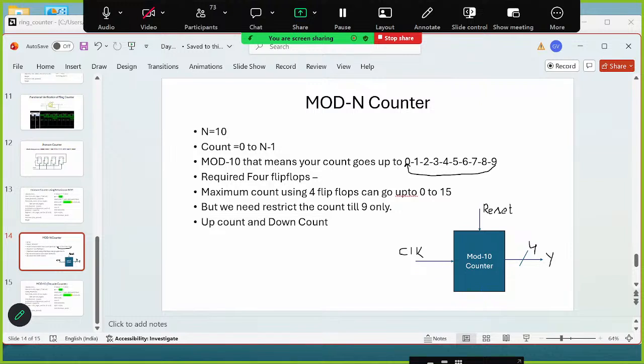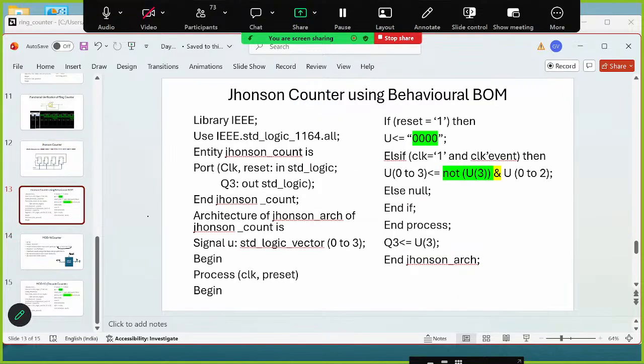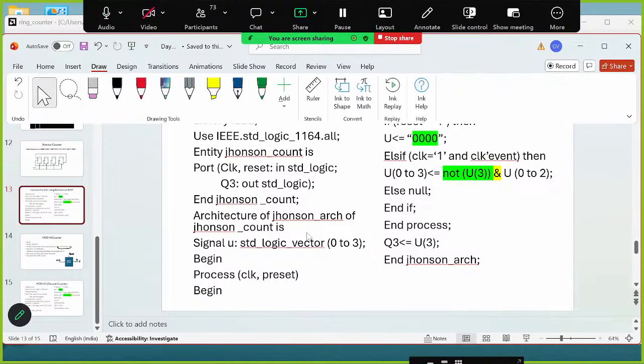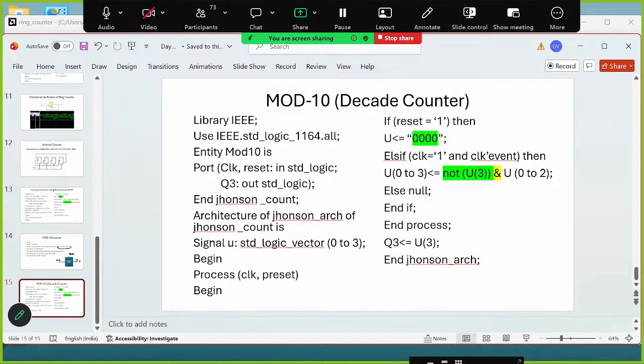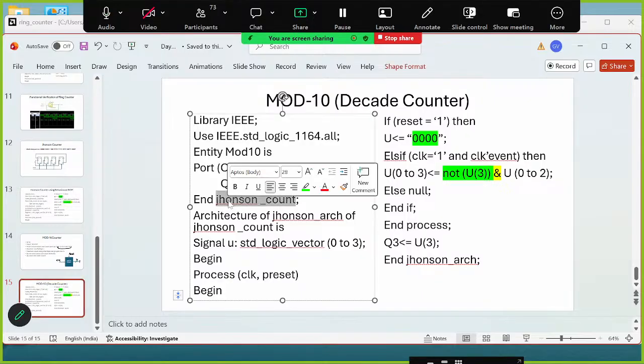We have two inputs, clock and reset, and one output of 4-bit. So let us design this. How can we design with the same approach over here? Mode 10, let's say design mode 10.